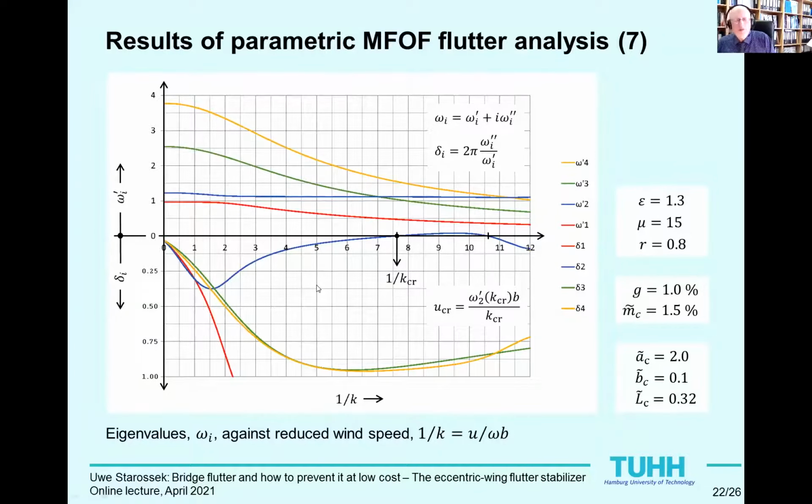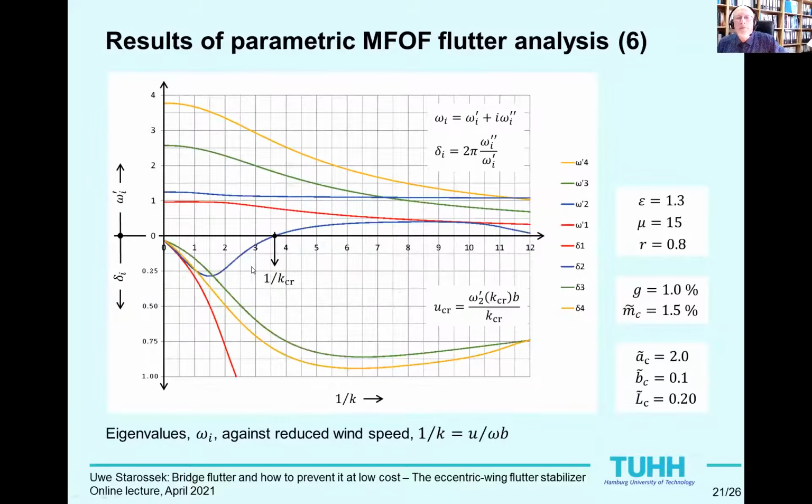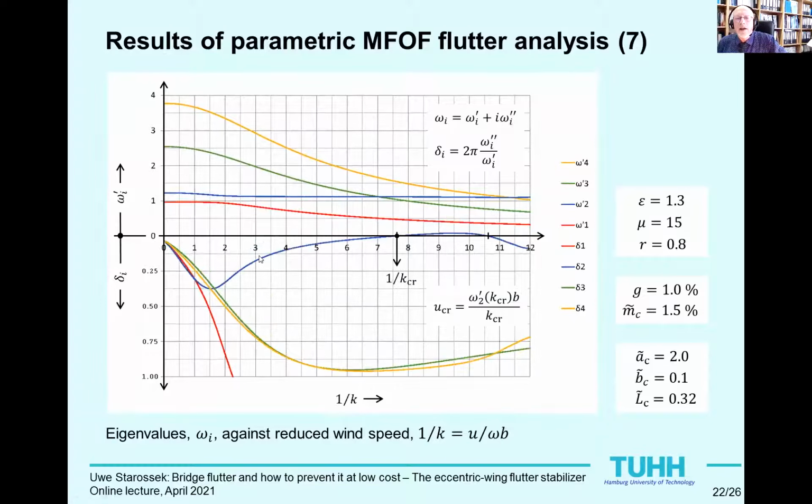This downward shift causes the delta 2 branch to cross the zero line at a higher value of 1/k of the reduced wind speed, which in turn leads to a greater flutter speed, given that the flutter frequency remains virtually unchanged.